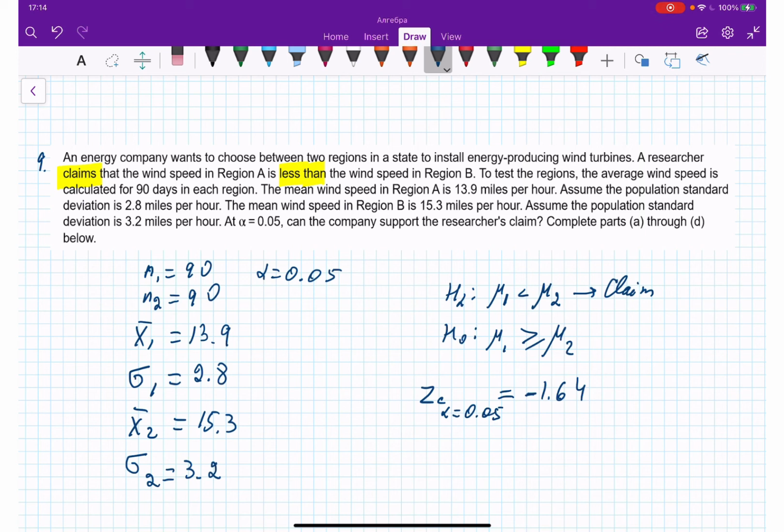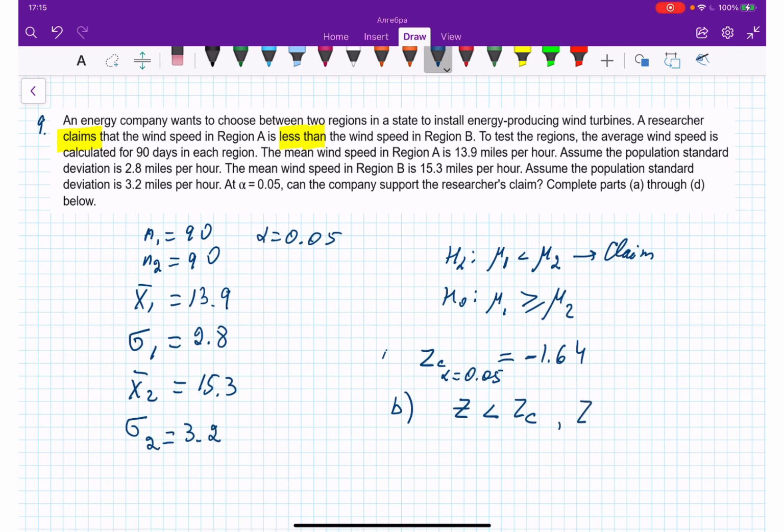So our rejection region is if our z test statistic is less than z critical, which means z has to be less than negative 1.64.